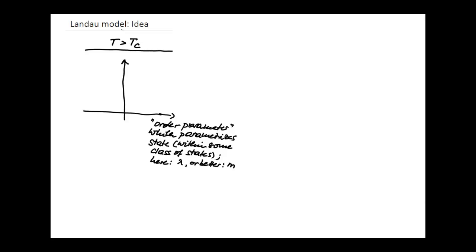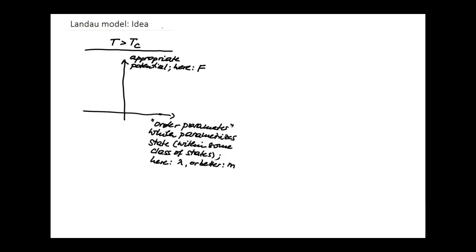Then, as a function of this parameter, we looked at the behavior of the appropriate thermodynamic potential. So, to formulate it more generally, we have an appropriate potential. Here, in our case, that was the free energy. And then we looked at the behavior of this potential as a function of our order parameter.